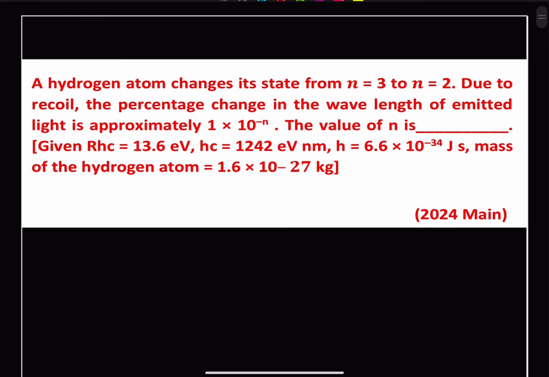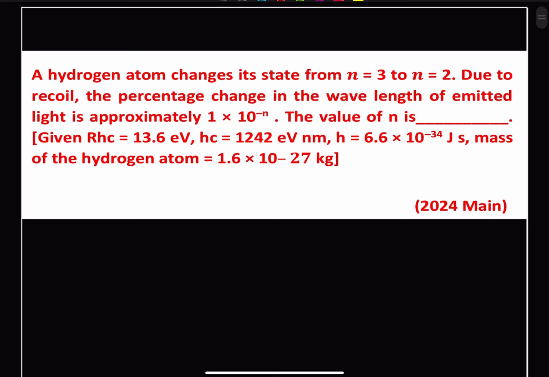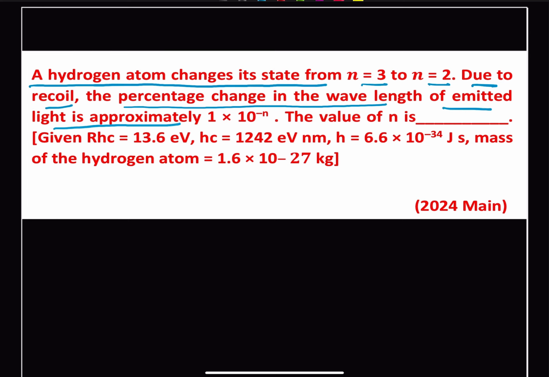So first question, it states that a hydrogen atom changes its state from 3 to 2 due to recoil. The percentage change in the wavelength of the emitted light is approximately 1 into 10 to the power minus n. The value of n is.